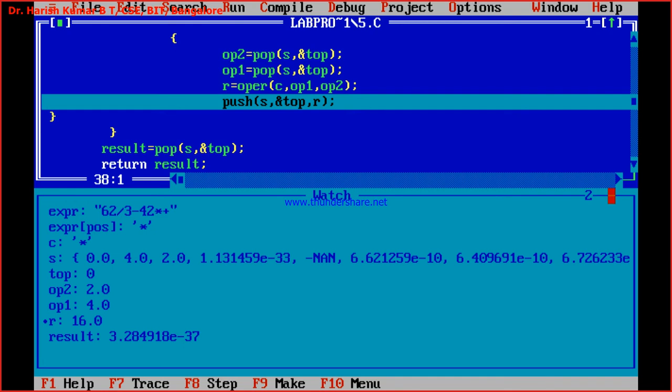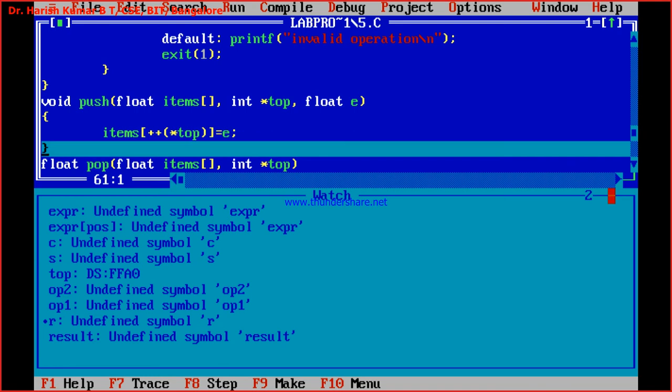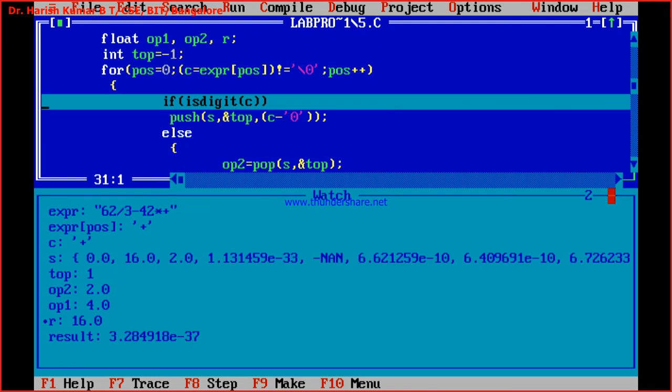Okay, I think I pressed F6 again instead of F7. No issues, you people understood, I think. So it got pushed, the 16. Now 16 minus 0, it will say, so the next operator is plus. So 16 plus 0, it will say 16 is the answer.